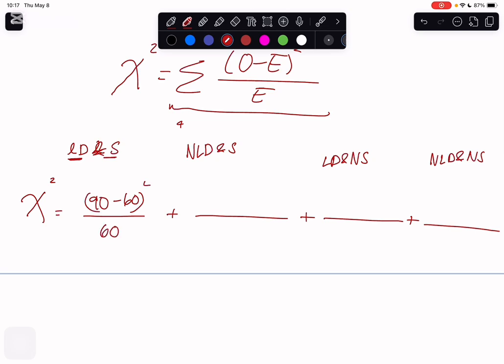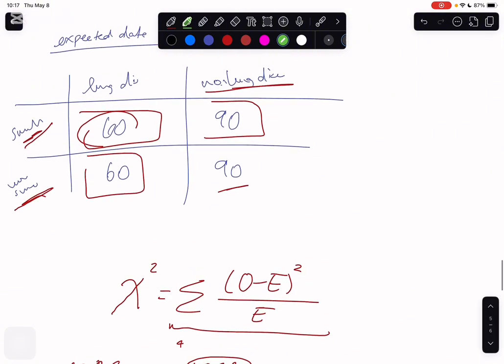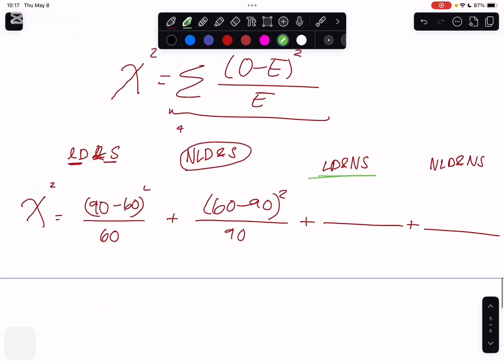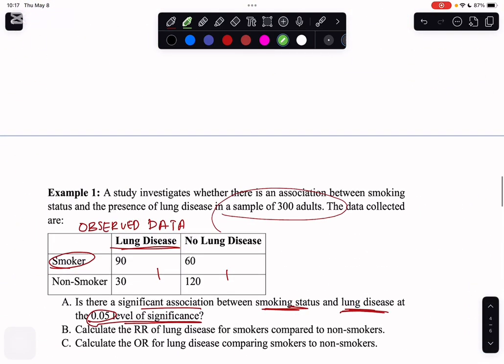Okay, so you're going to do this for all of them. You go to the table, take the value of the expected and the observed, and just plug it in. So it will be 60 minus 90 over 90, all squared. Let's do this one for example: those who have lung disease and are non-smokers. First we take the observed. Go back to the table. Lung disease and non-smokers is 30.